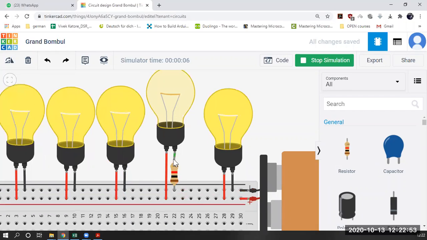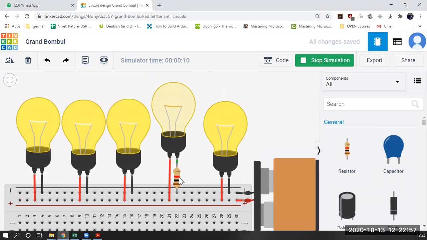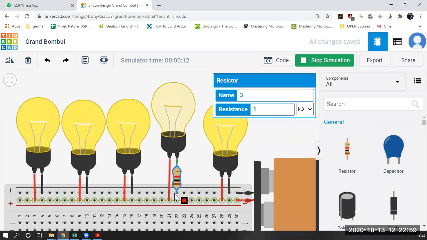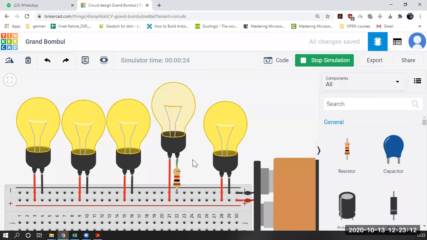Every bulb will have one, because if I connect this on the rail, every bulb will get the same amount of current, so we will not be able to analyze how much the intensity got lesser or increased.